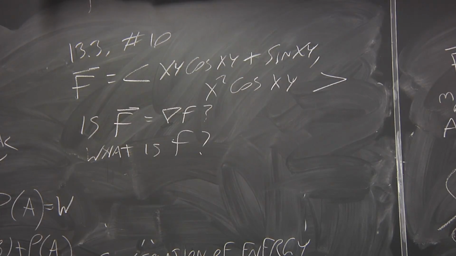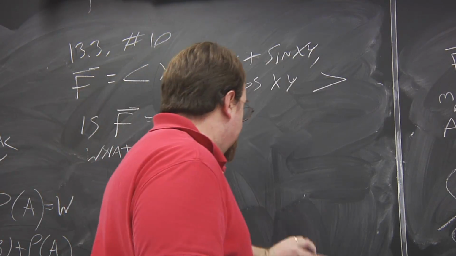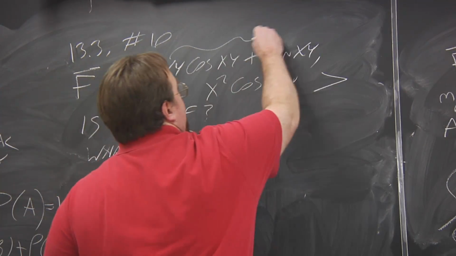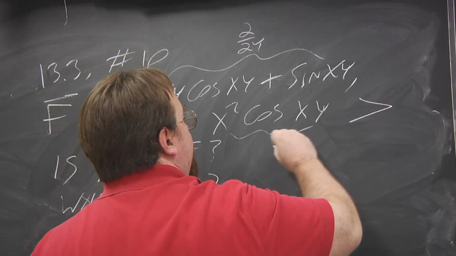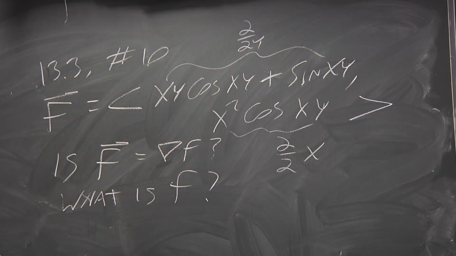Now, because we're running low on time, I will simply say that this does turn out to be conservative. If you differentiate this with respect to y and differentiate this with respect to x, then it actually does pan out.